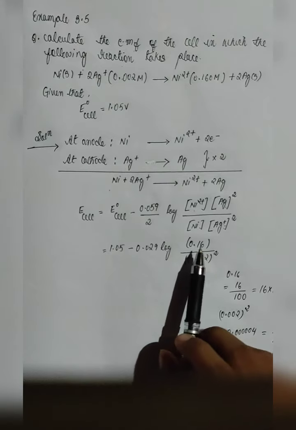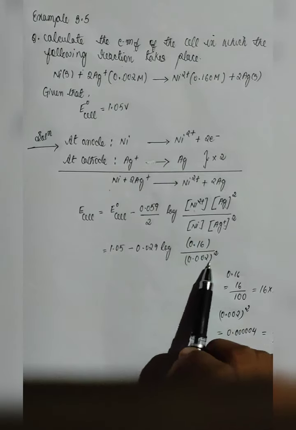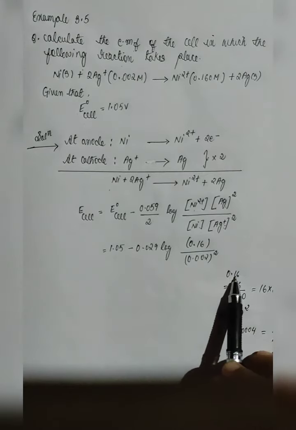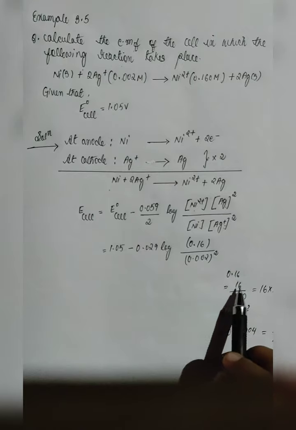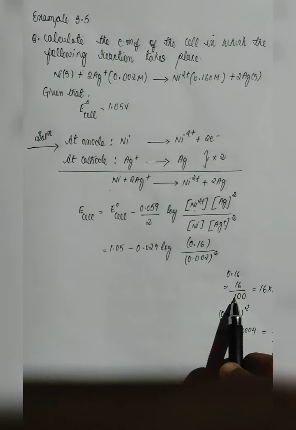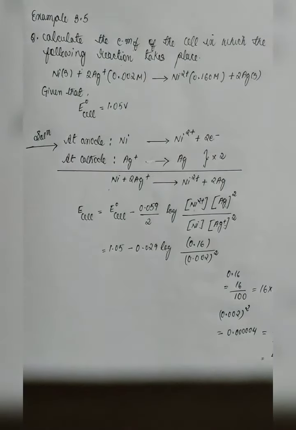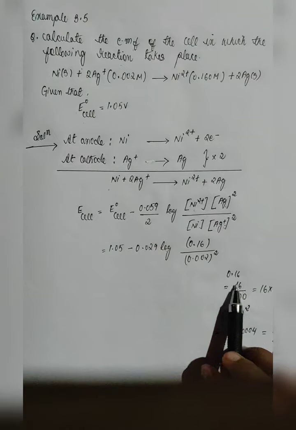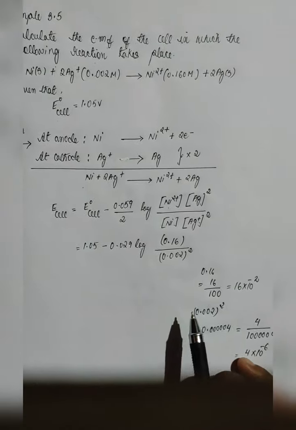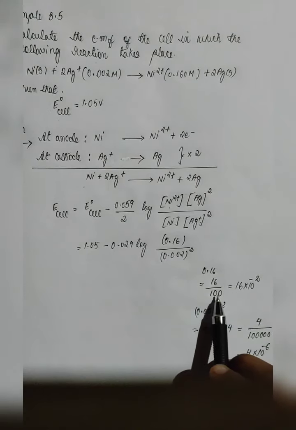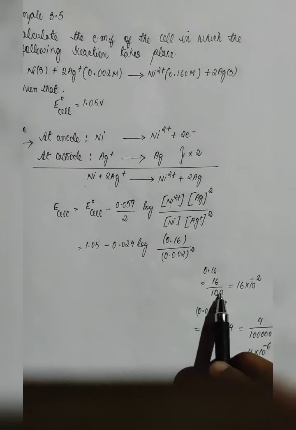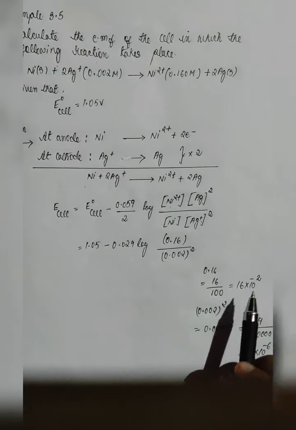Now here, this number upon simplification, 0.16. If we want to remove the decimal point, we do 16 divided by, the point will be converted to 1. And how many numbers are there after the point? 2 numbers, that means 2 zeros. So this can be written in this form, 16 over 100. Since this is in the denominator, when it goes to the numerator, it will be inverse, 10 to the power minus 2.